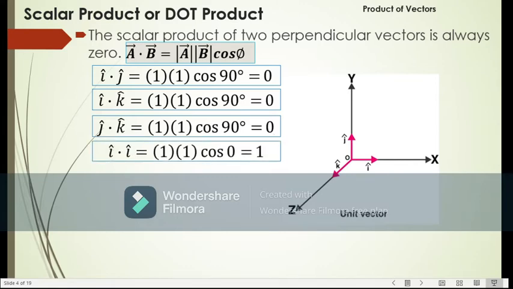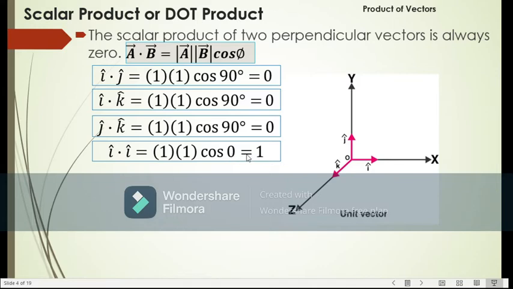So if we are using the scalar or dot product, we get a nonzero result only for vectors that are not perpendicular to each other. An example is i dot i. So i dot i is equal to 1, which is the magnitude of i, times 1, which is the magnitude of i, times cosine 0 degrees, or 180 degrees.